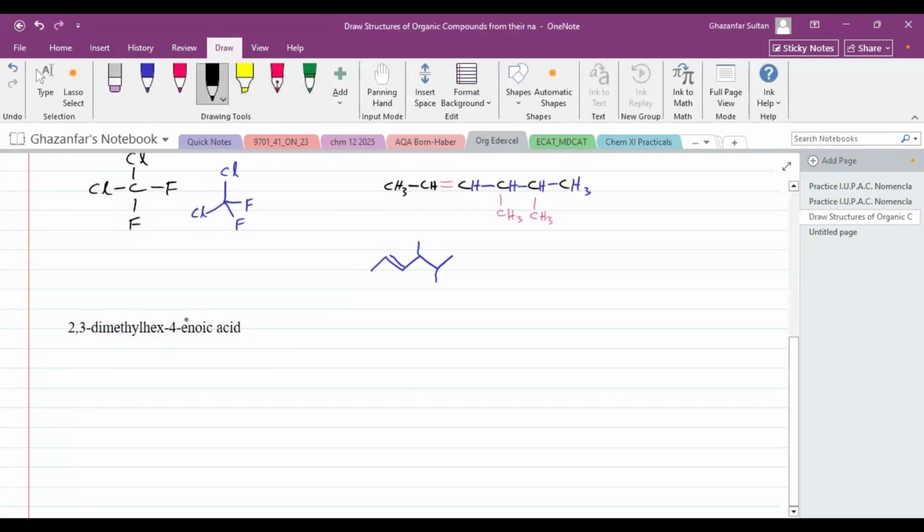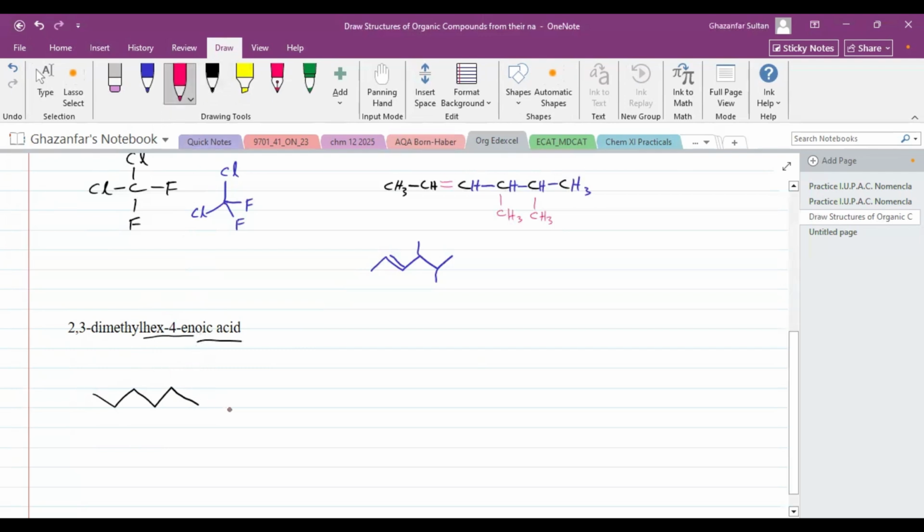So how to do this? Again, see the parent name. Parent name is hexene. So 6 carbon atoms: 1, 2, 3, 4, 5, and 6. And oic acid stands for the carboxyl group on the terminal.